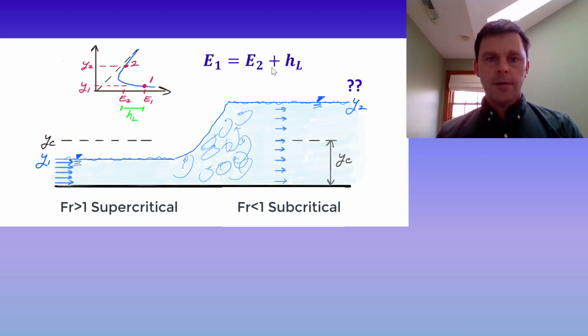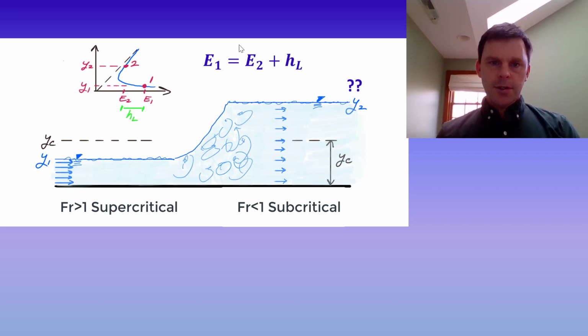If we were looking for the head loss, if we knew Y2, we could easily calculate the downstream specific energy, and if we knew Y1, we could do that as well. Typically, the problem is where we know Y1 and we're trying to figure out Y2. If we can figure out Y2, we can solve for the head loss very easily. So let's focus on getting a formula for Y2.